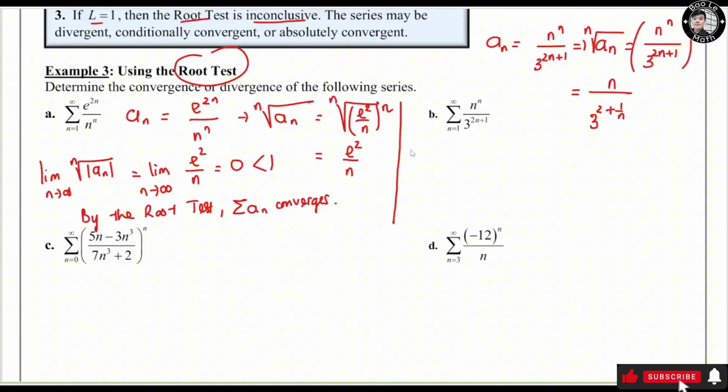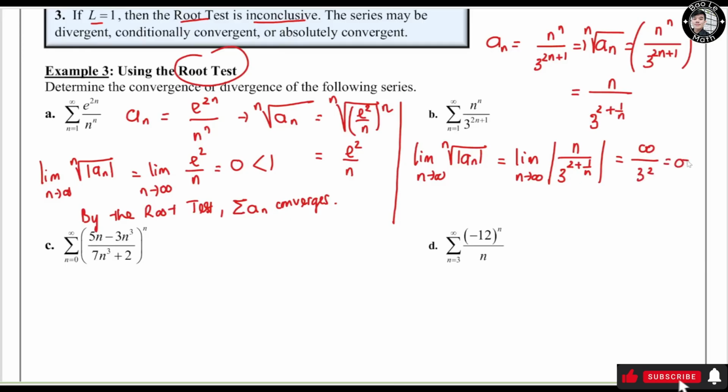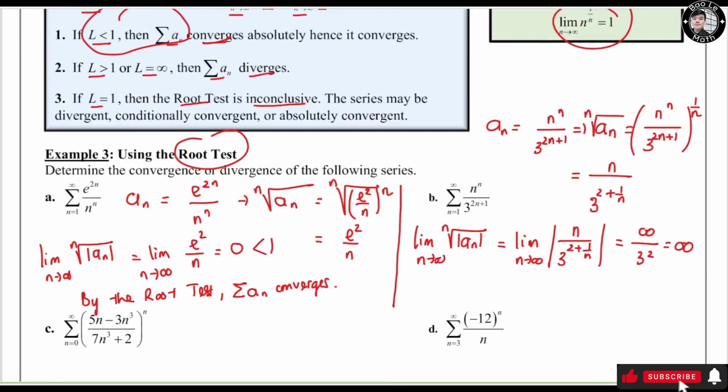Now I'm going to take the limit of the nth root of the absolute value of a sub n as n approaches infinity, which equals the limit of the absolute value of n over 3 raised to the 2 plus 1 over n as n approaches infinity. So the top approaches infinity and the bottom approaches 3 squared, so the limit is infinity. The series diverges by the root test.